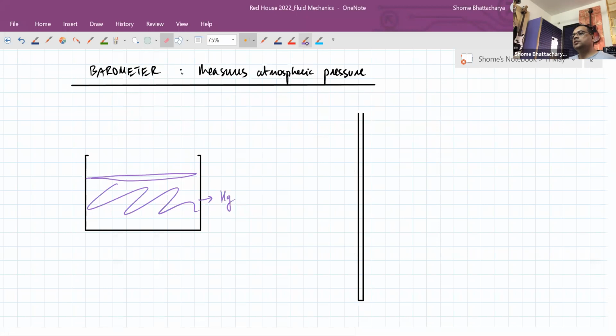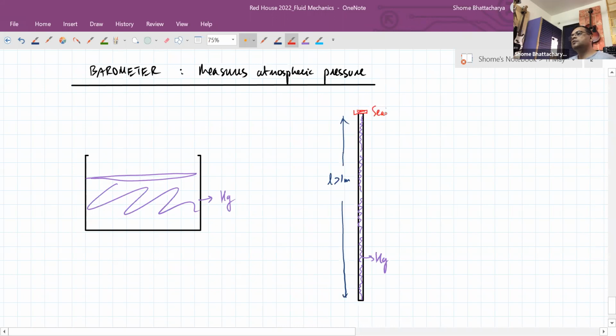So what we do is we fill this with mercury completely. So this length is greater than 1 meter. Okay. And then we seal this initially, sealed at the open end.